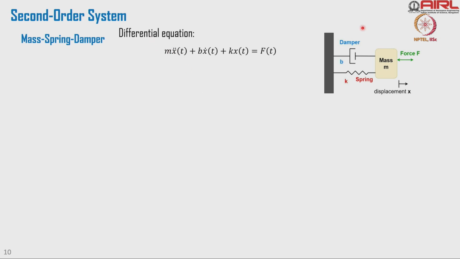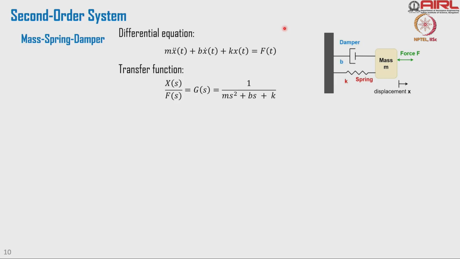Now if I write the dynamical equation based on Newton's law, I can write m x double dot, where x double dot is the acceleration and m is the mass, plus b x dot, plus k x, equal to f of t. f of t is the external force.